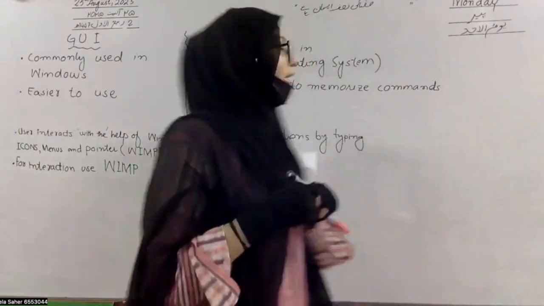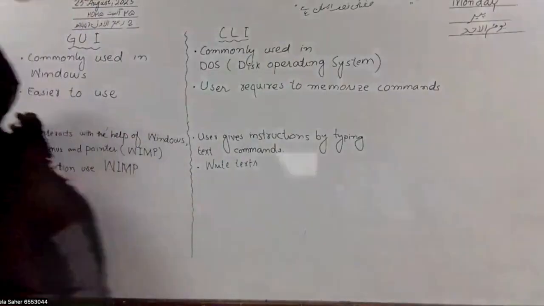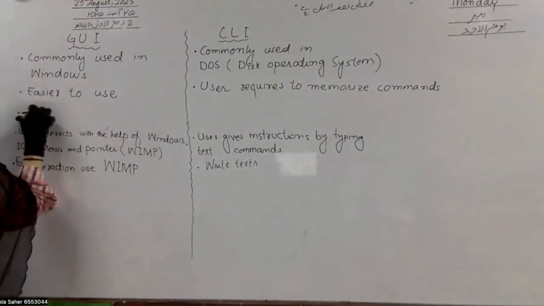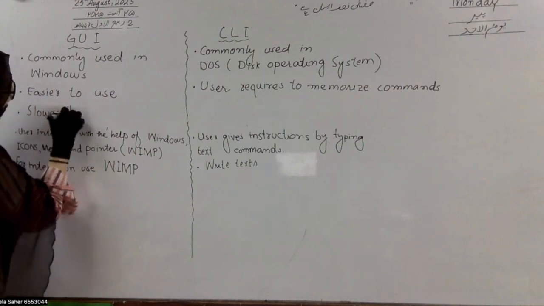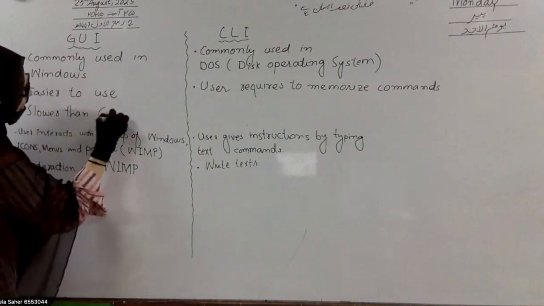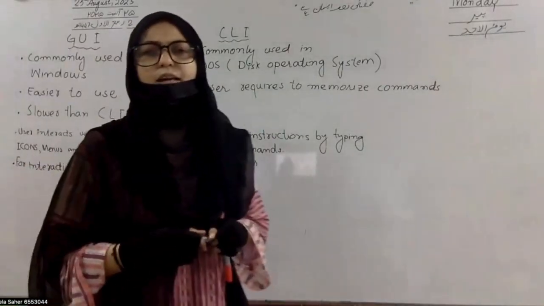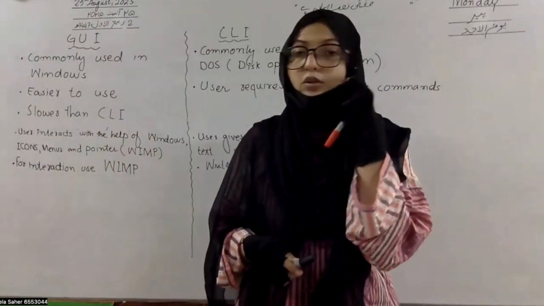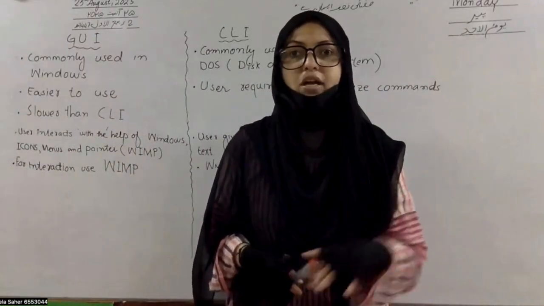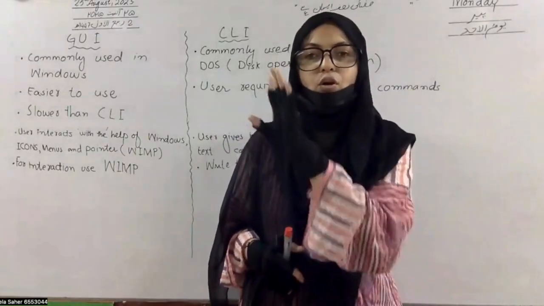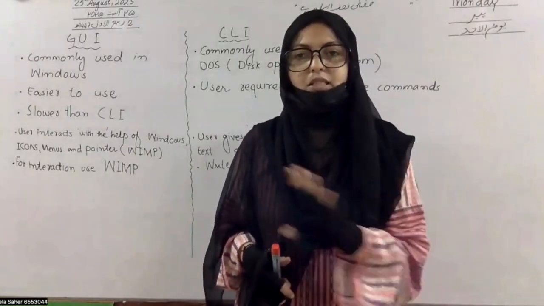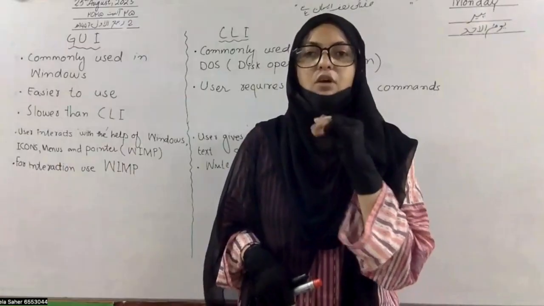And the next, we can say that this is slower than CLI. Why are we saying this is slower than CLI? Because we do not know where our file is. We have to go close and maximize and minimize to every folder to search for our file.